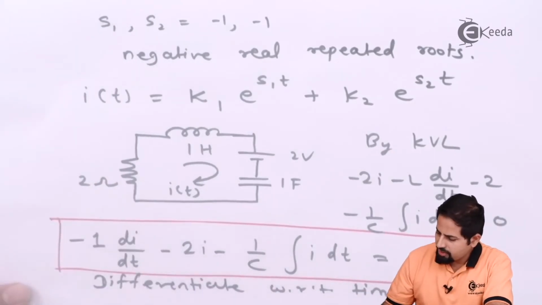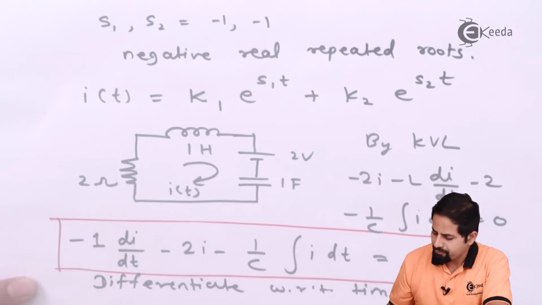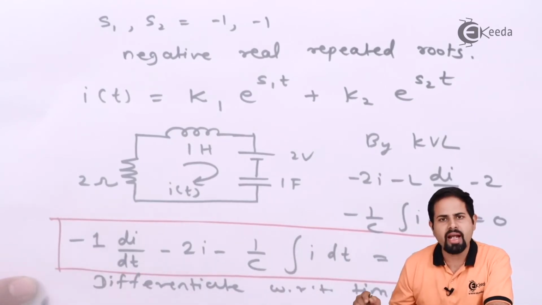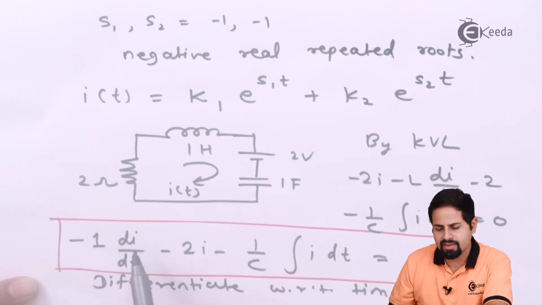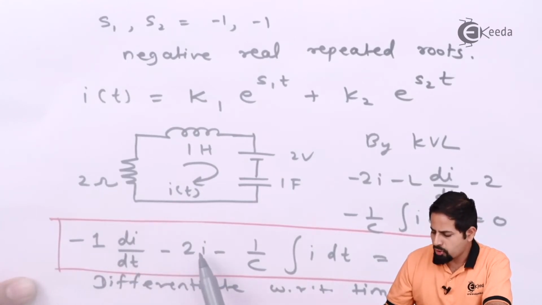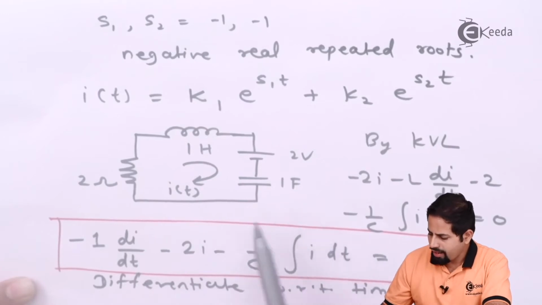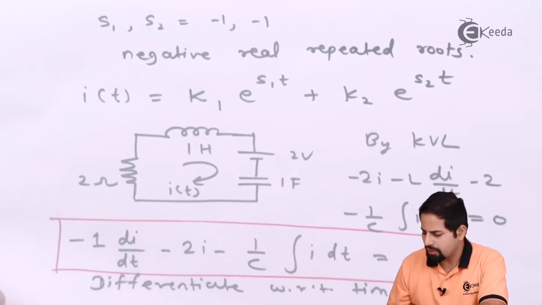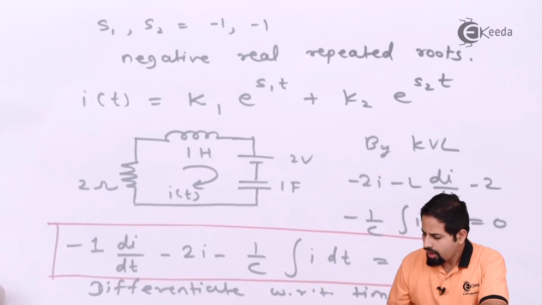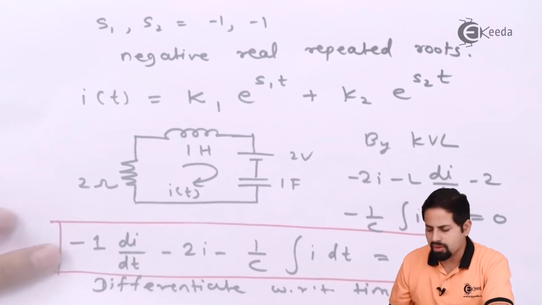If I apply the equation in red color at time t equal to 0 plus, I get minus 1 into di by dt at 0 plus, then minus 2 into i of 0 plus, and this is nothing but the voltage across the capacitor at 0 plus, and that is 0.